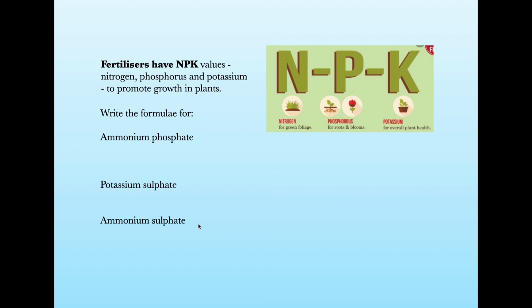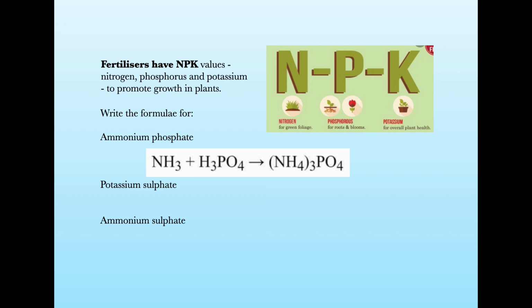Try writing the formulae for these three fertilizers. Phosphate ion is PO4 3-. Have a go. There you go. There are the formulae for those fertilizers.